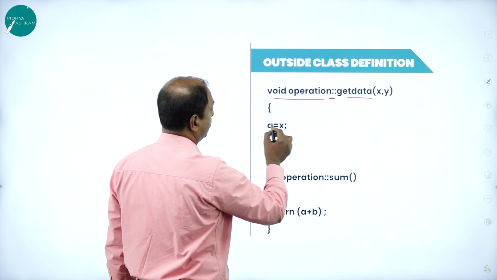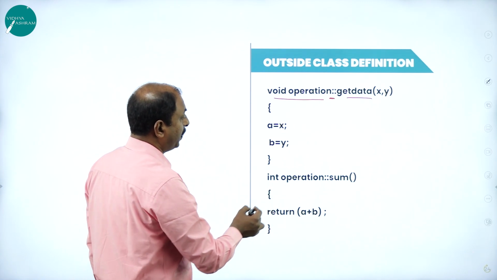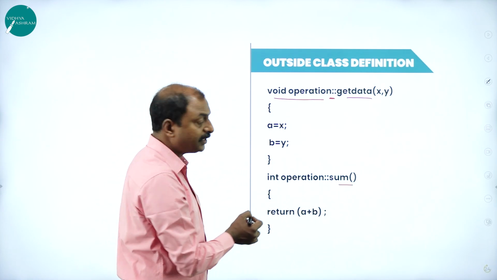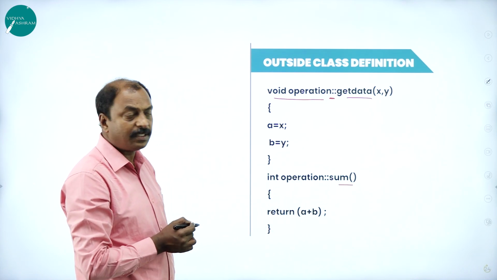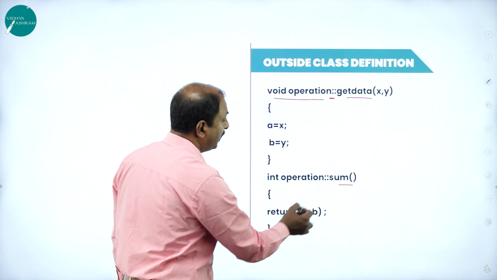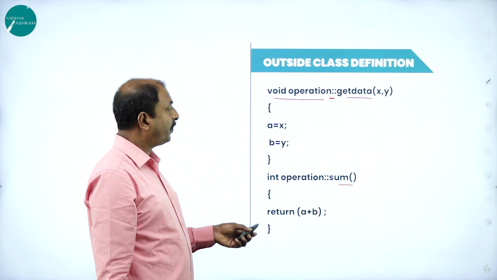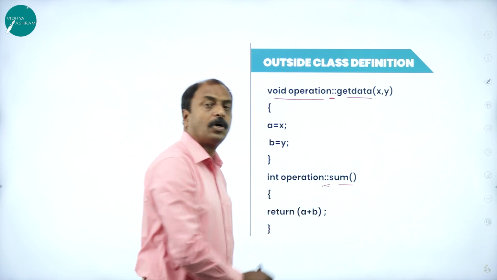Here are the statements A equal to x and B equal to y. Next we are defining one more function, sum. Operation is the name of the class, then the scope resolution operator, and sum is the name of the function which has been declared inside the class. Now this is the body of the function. This is how to define the function outside the class with the help of the scope resolution operator.